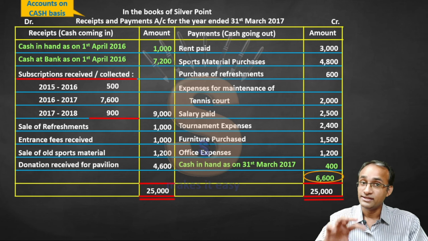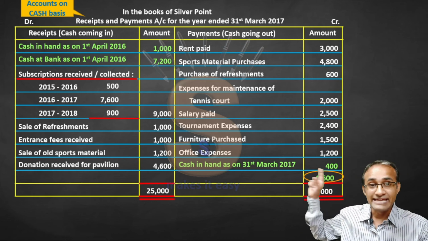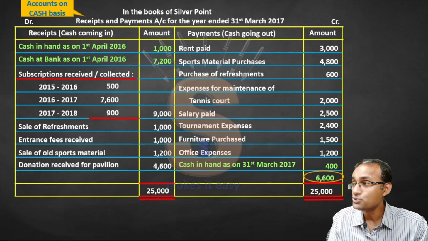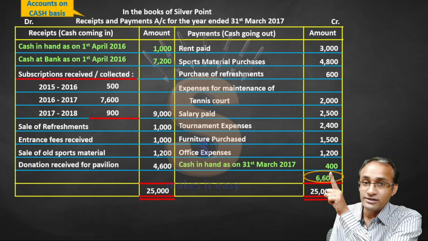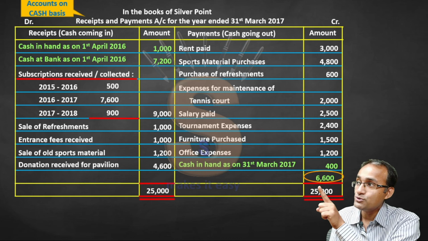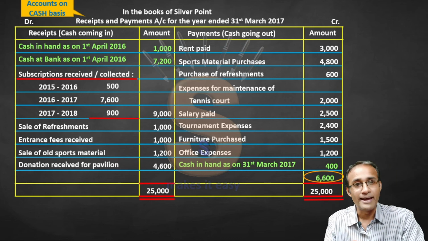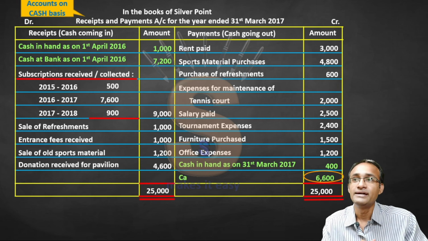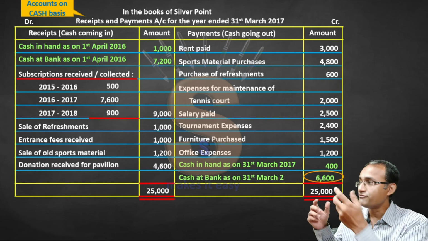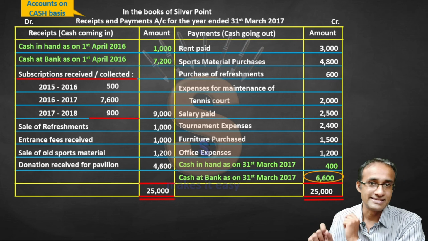What is this? See, you started with cash balance and bank balance, so you should end with cash and bank balance. The cash balance has come, 400. This is assumed to be the bank balance, because it's not that the bank will become completely zero. Will be some money available. It was not given, it is found out as a balancing figure.